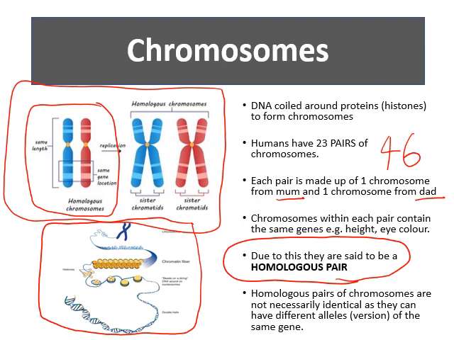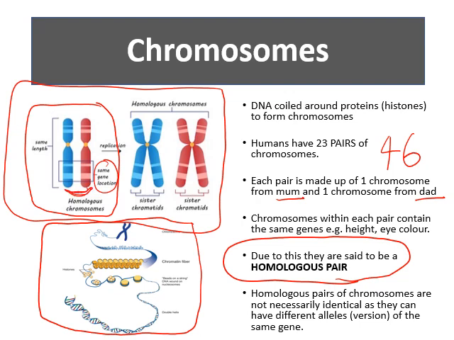The blue one might be from dad, the red one might be from mum, obviously containing the same genes as indicated in the diagram, and we're looking at these chromosomes before they have been replicated in the S phase of interphase. Because they contain the same genes, they are referred to as a homologous pair of chromosomes.